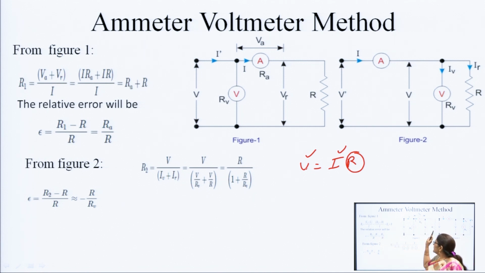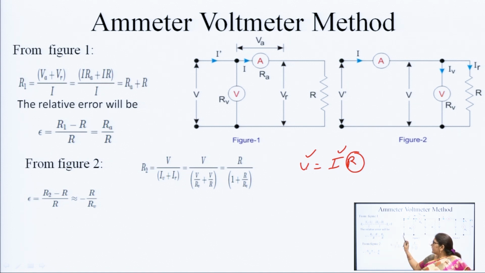So, R1 is equal to (VA plus VR) by I, and then it is (I RA plus I R) by I, which is equivalent to RA plus R. In this instrument, the value of resistance that we want to measure is R, but what we are measuring is R1. So, R1 is equal to RA plus R. It means there is an error of resistance denoted by RA. So, the relative error is (R1 minus R) by R, which is equal to RA by R.